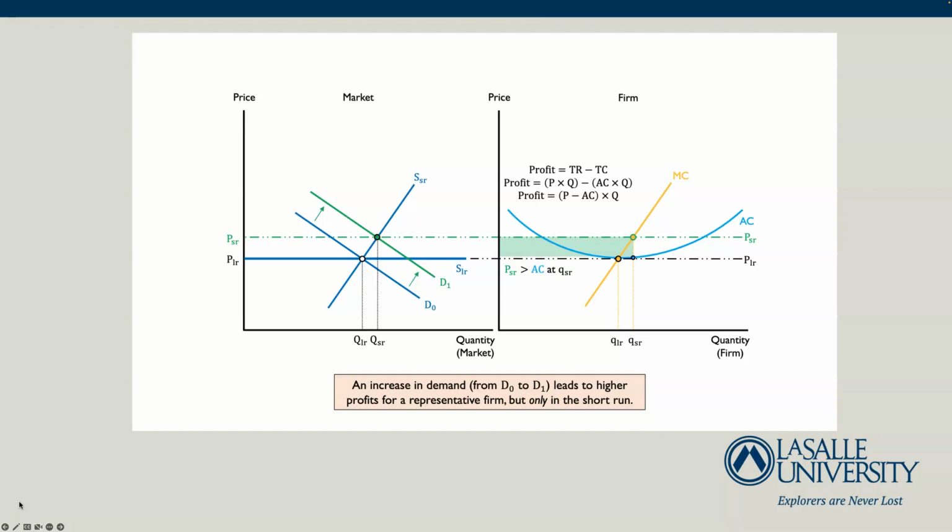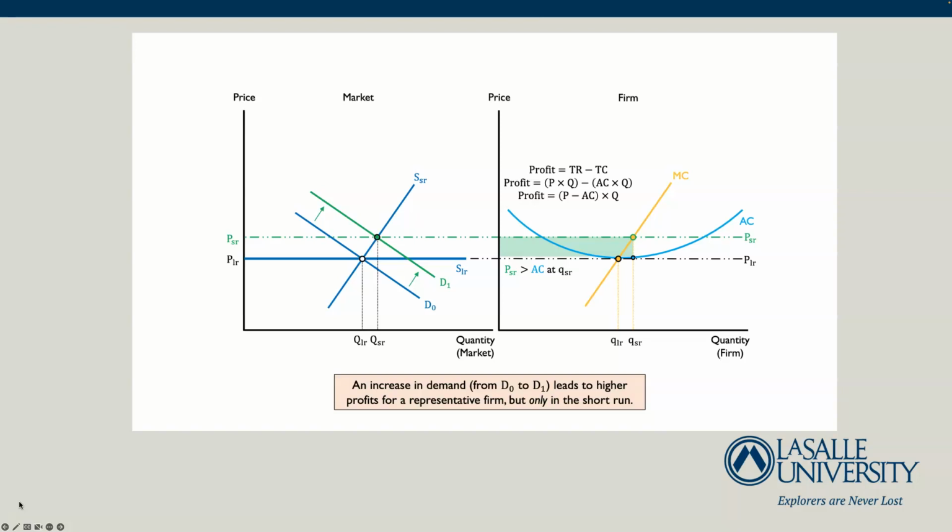So at that quantity, QSR, they're now selling each unit at the price of PSR, and they're incurring the cost per unit of AC at that level of output, which is shown here. So the difference between those two, price and average cost, for that quantity of output that the firm is producing in the short run, that is the firm's profit.